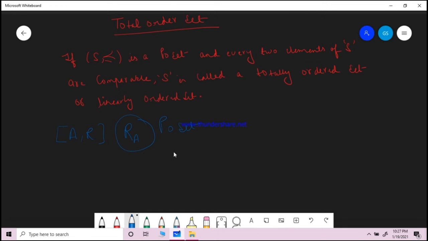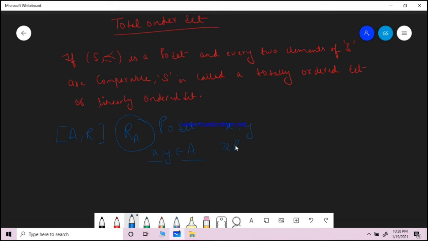Suppose x and y are elements that belong to set A. Whenever you pick any two elements, they are connected to each other in some order. Suppose I choose x and y randomly.